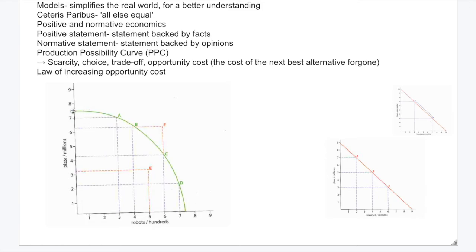So you don't need that many resources to create 100 robots, because you just take a bit of those laborers who are more specialized in creating robots, and you don't really lose that many laborers creating pizzas. That's why you can still see a lot of pizzas being created, and why the opportunity cost, or the loss in the amount of pizzas, is still low.